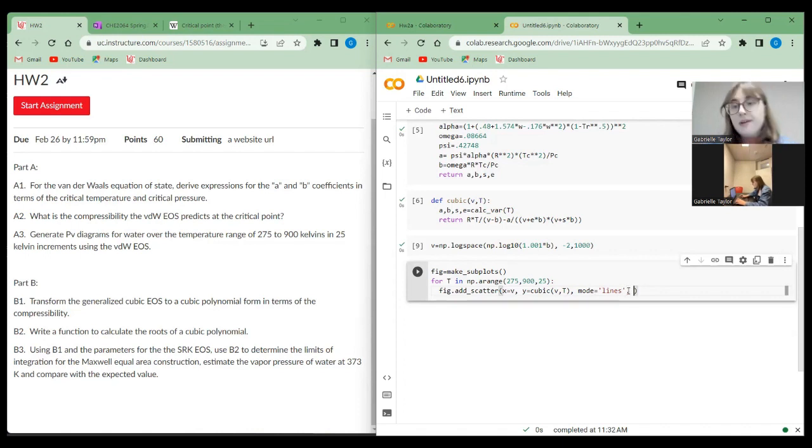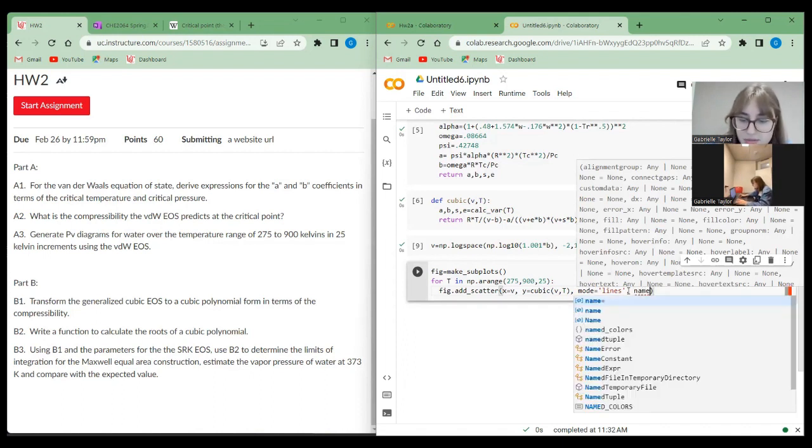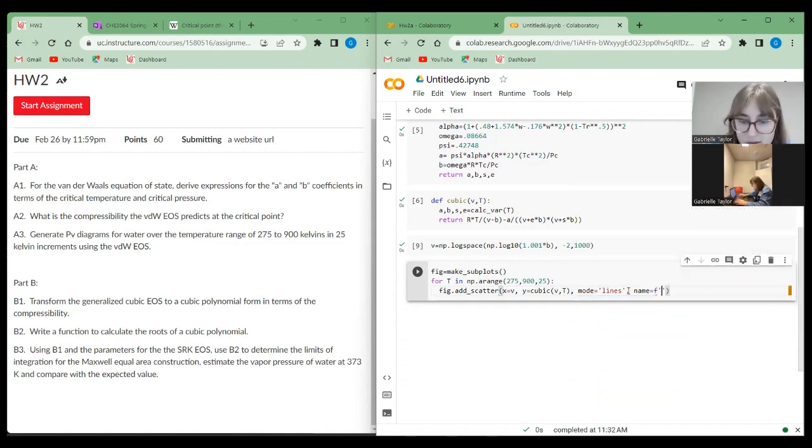Since we're going to have multiple lines, let's name each line with an f-string of our temperature, in Kelvin.